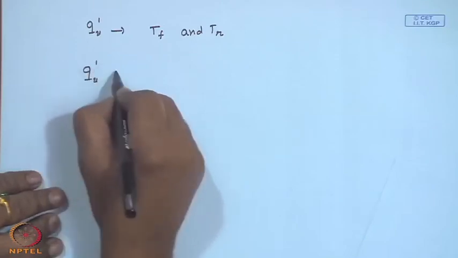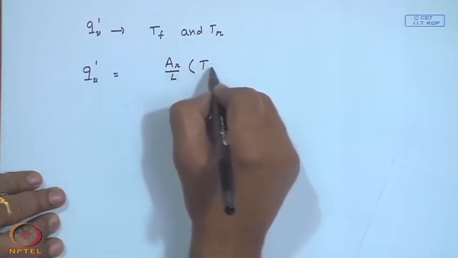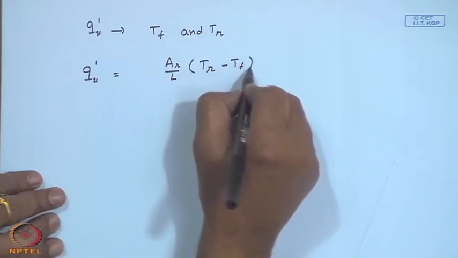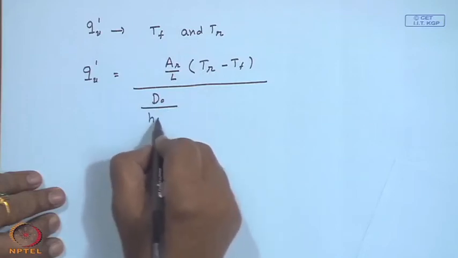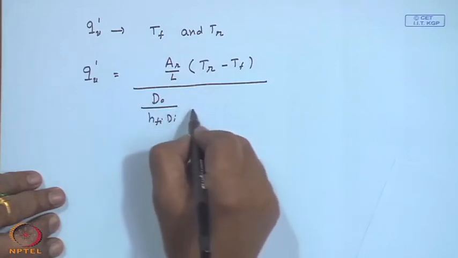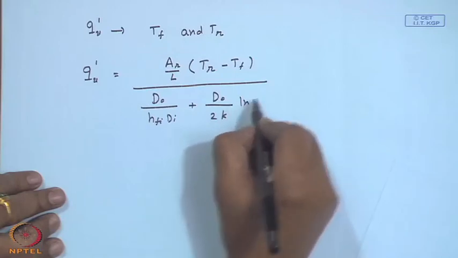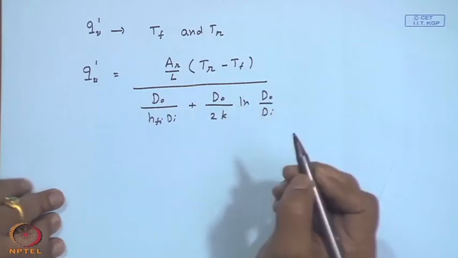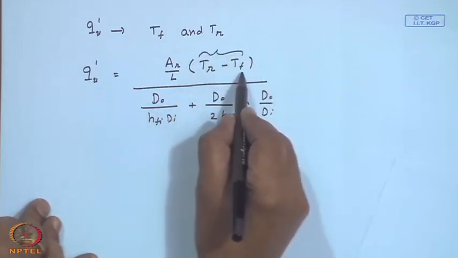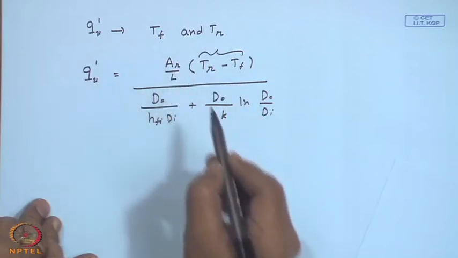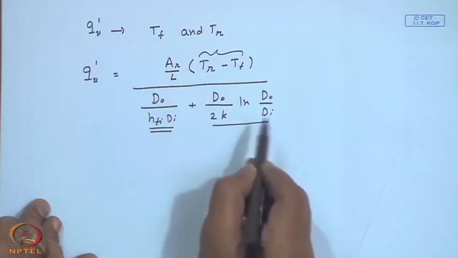So, q u dashed will be A r by L into T r minus T f by d naught by h f I d I plus d naught by 2 k log d naught by d I. You will find that this is the temperature difference available between the receiver and the fluid of area A r per unit length, and this is the resistance for the convection inside the tube, and this is the resistance due to the wall of the tube.